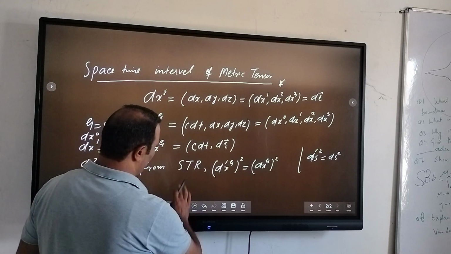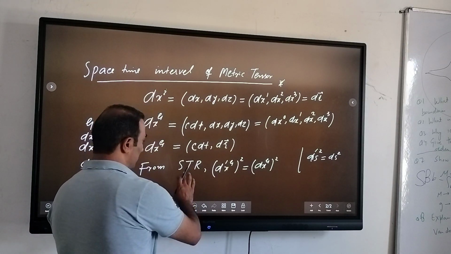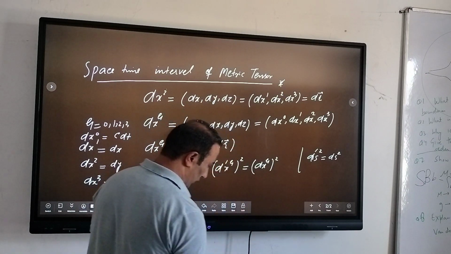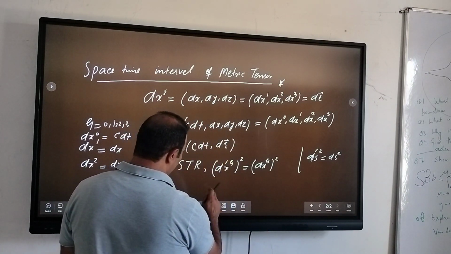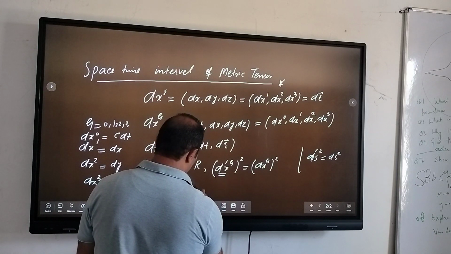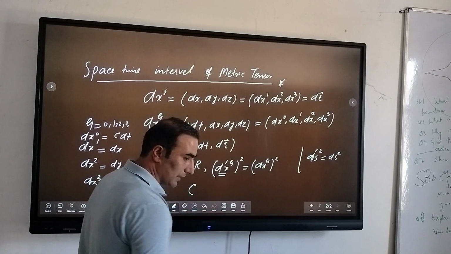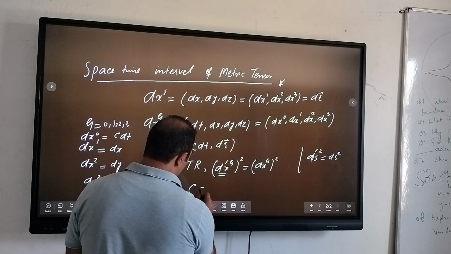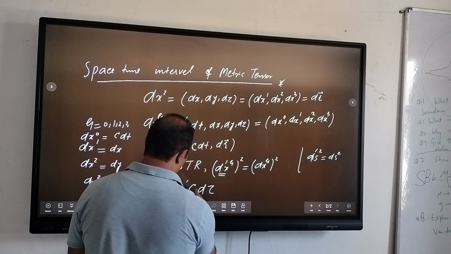From the special theory of relativity, dx'^mu should be equal to the square of that. I can rewrite this term as c dt, but now instead of dt, I will write d tau.